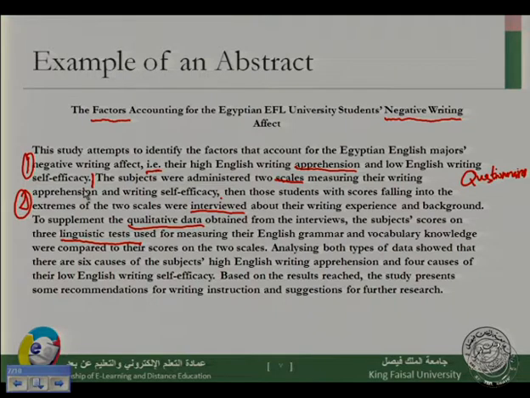Analyzing, so again, he moved from methods to data analysis now, and the results. Here he is telling us the results. Analyzing both types of data showed that there are 6 causes of the subjects' high English writing apprehension and 4 causes of their low English writing self-efficacy. One way to improve this abstract is to mention these causes if they are clear.